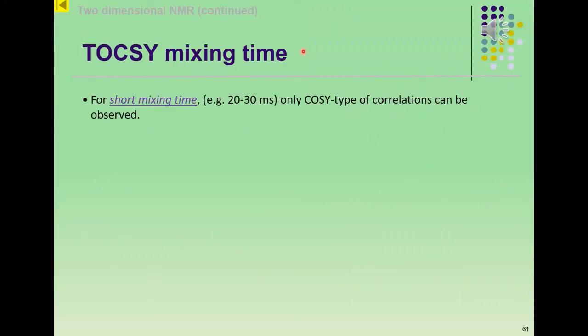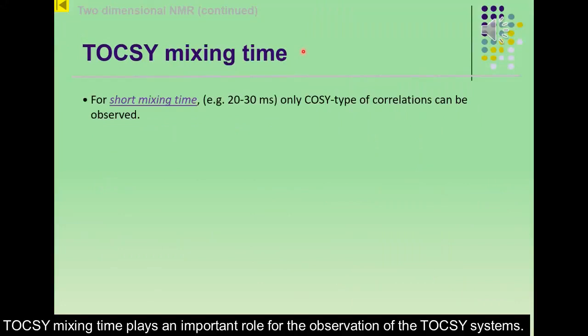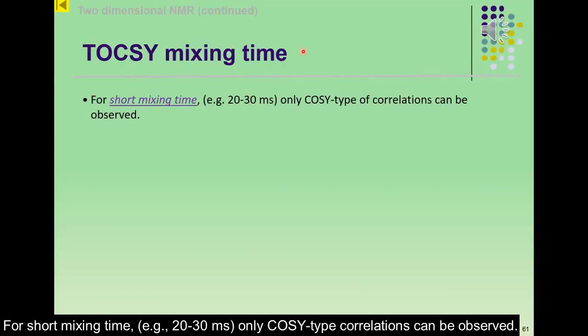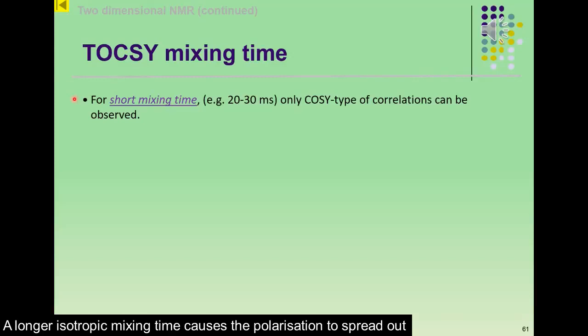TOCSY mixing time plays an important role for the observation of a TOCSY system. For short mixing time, for example 20 to 30 milliseconds, only COSY type of correlations can be observed.